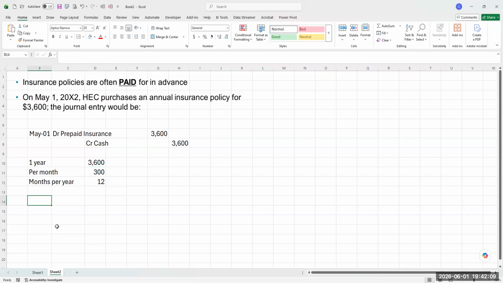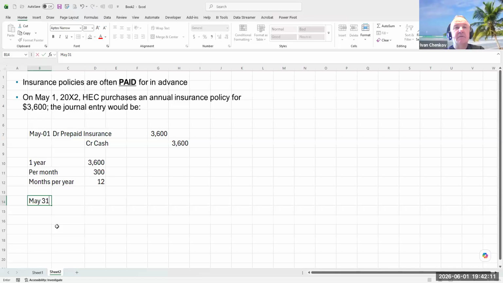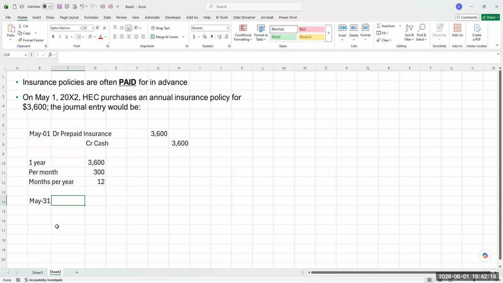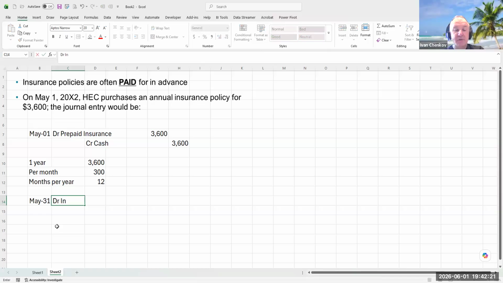Yes. Let's start doing it. May 31st. What do you have to do? Now we have to do the adjusting entry. Debit insurance expense and credit prepaid insurance.